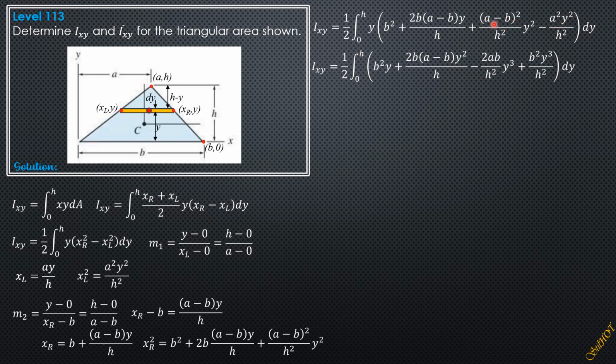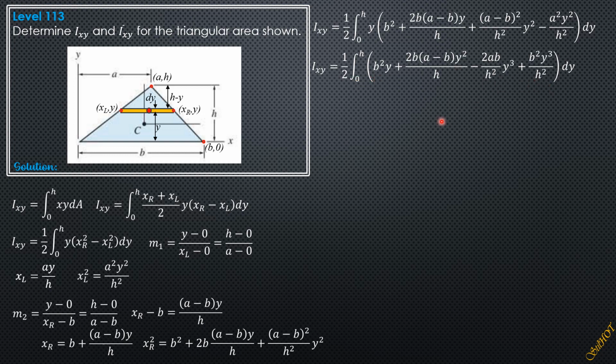The second term is negative 2ab y square over h square. Since there is y here, it becomes negative 2ab y cube over h square. That's the middle term. The last term is positive b square y square over h square times y, so it is positive b square y cube over h square.